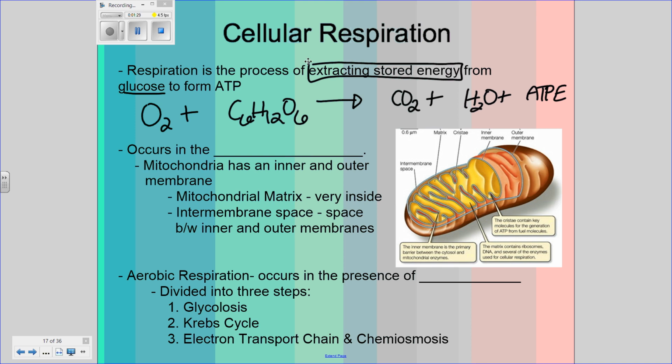Now, we'll get more into this when you go to chemistry, but ladies and gentlemen, we have to have a balanced equation. For example, the same amount of materials that go into the reaction need to come out of the reaction. So that's going to mean that we end up having to put in 6 molecules of oxygen, and we will get out 6 molecules of CO2 and 6 of water.